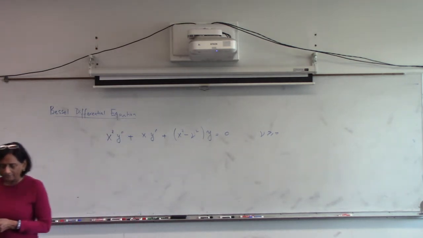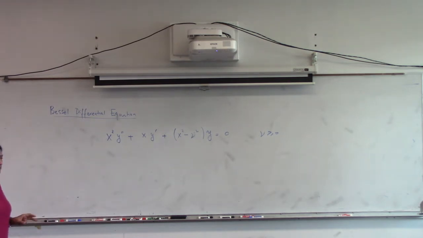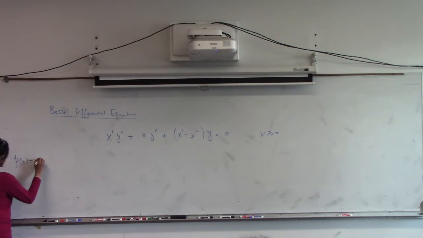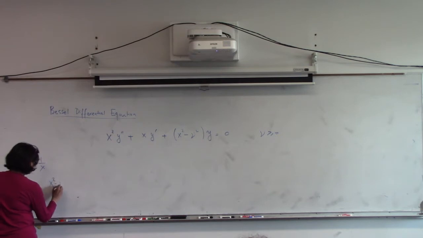So what kind of solution should I propose for this? Putting it in canonical form, p of x is 1 over x, and q of x is (x squared minus mu squared) over x squared.